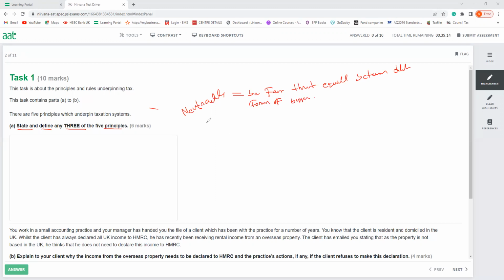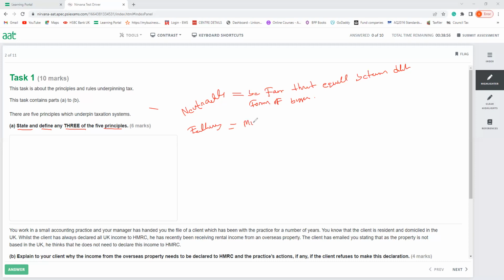The next one we have is efficiency. Efficiency is all about minimizing the cost for the business and for the government for administrating the tax.